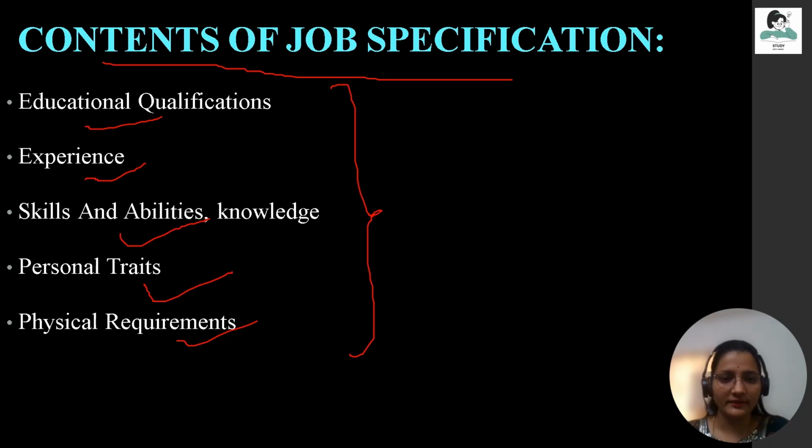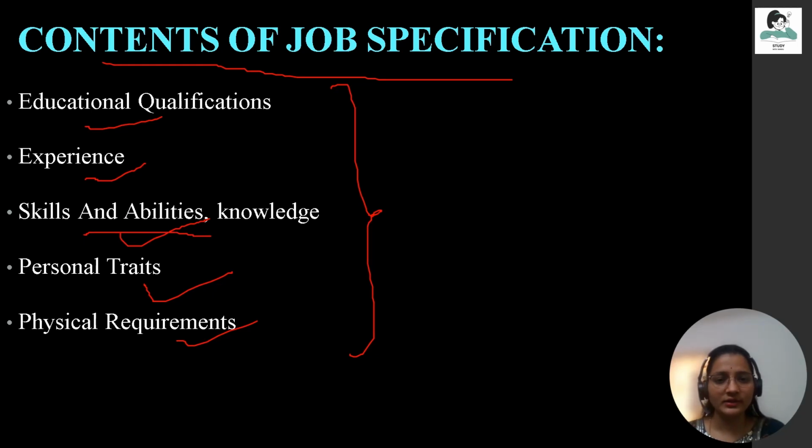Second one is experience. It tells the number of years of experience needed for that job. Clear? Example, suppose take a teacher job, 2 years of teaching experience, or 5 years of marketing experience, like that. It tells about the experience only. Next is skills, abilities, and knowledge.